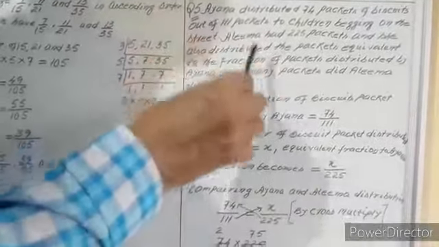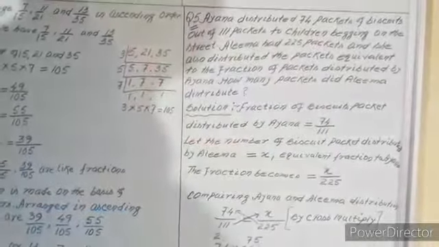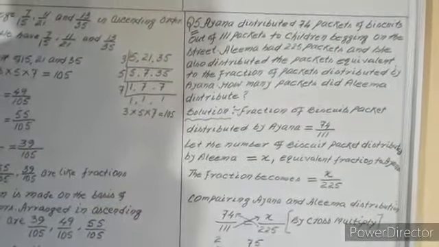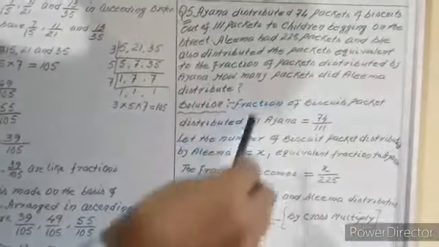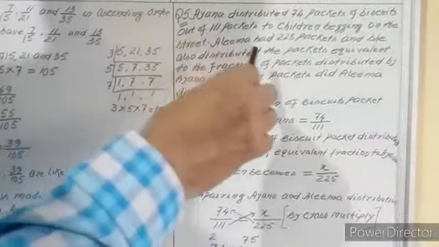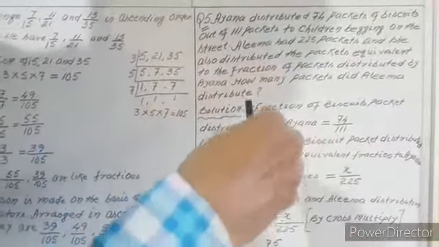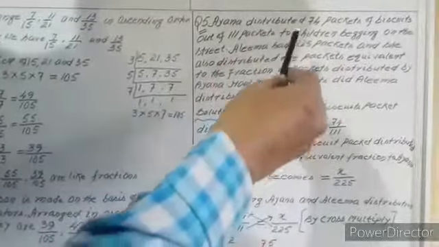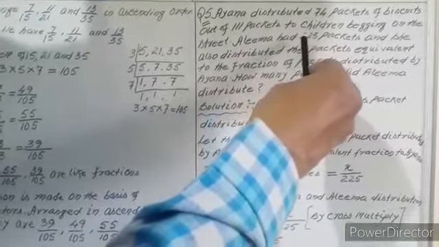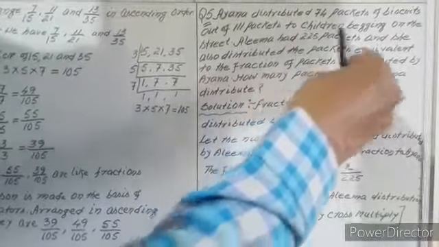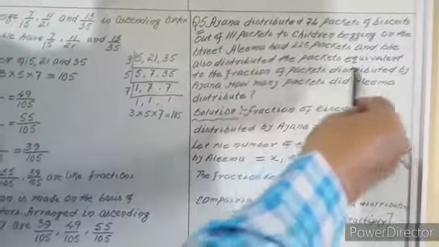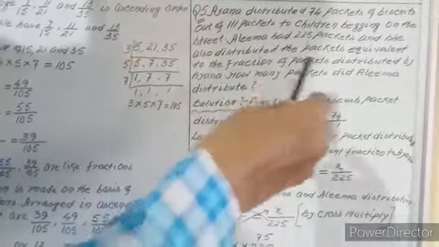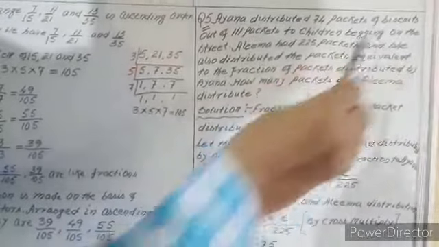Out of that she distributed 74 packets to the children begging on the street. And now Alima is also going to distribute similarly to Ayana, that means in the equivalent fraction way she is going to distribute the biscuits among the children begging on the street.